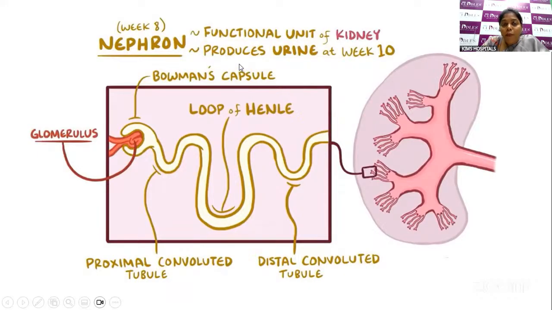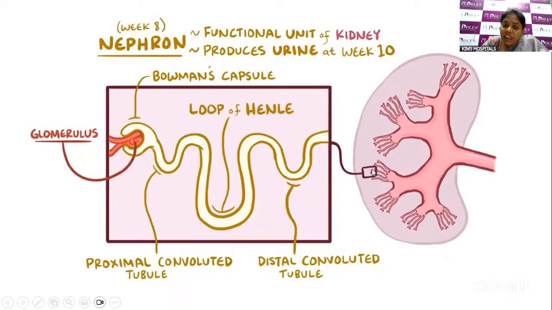So up to 10 weeks, the mesonephros produces the urine. But after 10 weeks, the nephron takes over and starts the urine production. So here what happens, there is a finger-like projection in the collecting ducts.